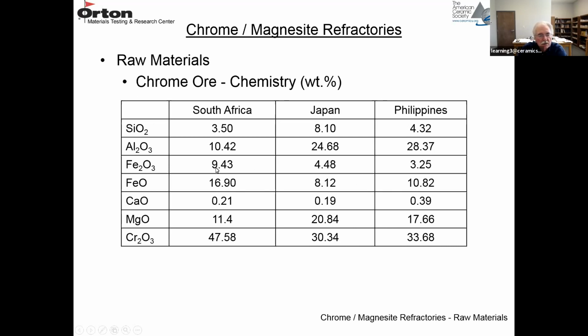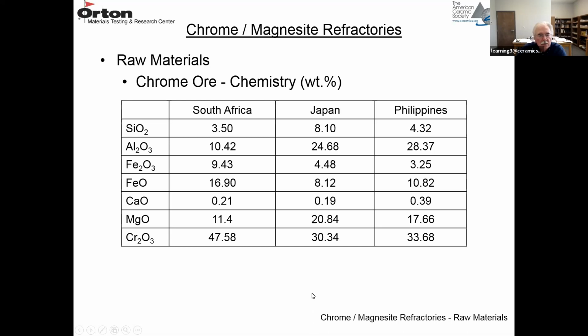Fe2O3 about 9, 4, and 3. Quite a bit of Al2O3 present, around 10%, 24 and 28. And then some SiO2, about 3.5, 8, and 4, and a small amount of lime. So that's what the chemistry looks like for the chrome ores.